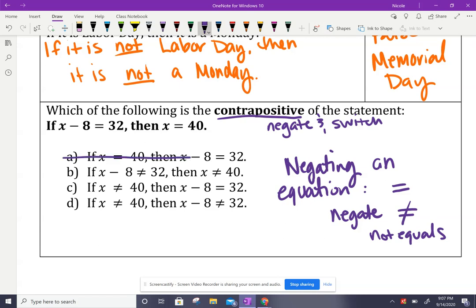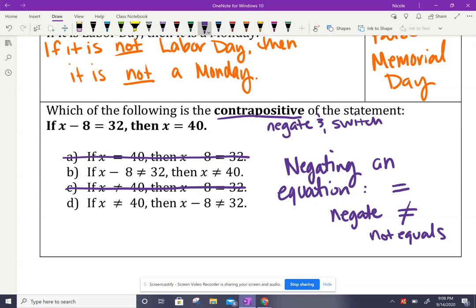So I can eliminate A because it has two equal signs. Remember, the contrapositive has you negate everything. So both equal signs are going to need to have the line through it. So I can eliminate C. Now I need to look at which ones are negated and switched. So I'm going to switch the location of the hypothesis and conclusion.